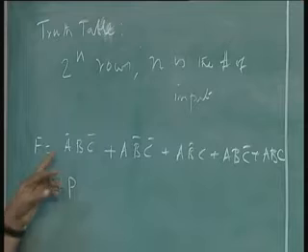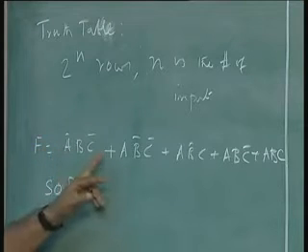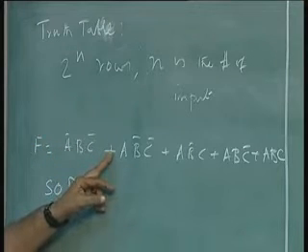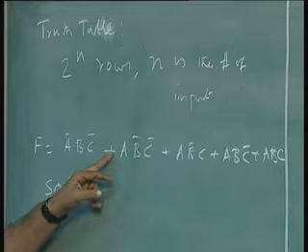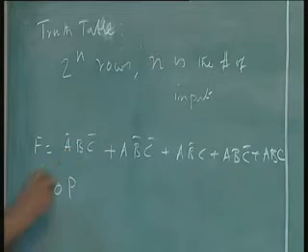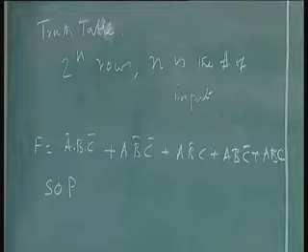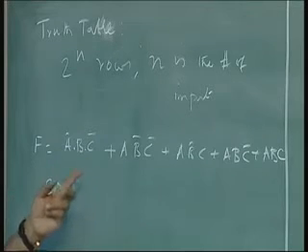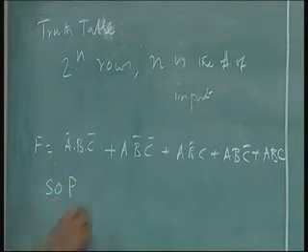It looks like a sum, a plus, even though it is not a plus, it is an OR operation. Since we are used to arithmetic, and each term is an AND operation, it looks like a product, a times b times c. So this is called the sum of products.